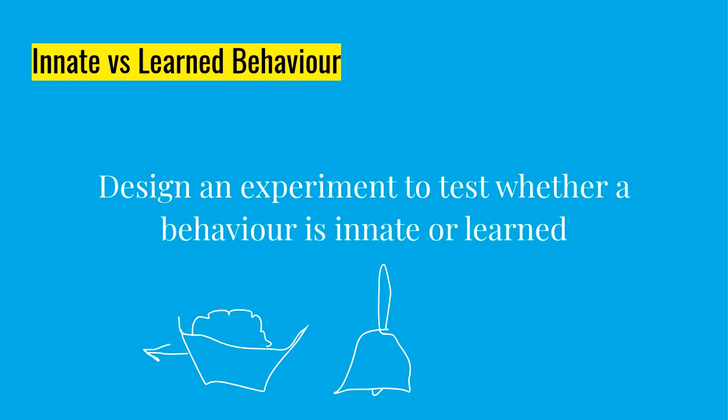Let's say we had two adult dogs. We had one female dog and one male dog. They both drool at the food and at the bell. I can't draw dogs. Okay, just pretend they're dogs. They both drool at the food and at the bell, and we want to know which behavior is innate and which is learned. What can we do?